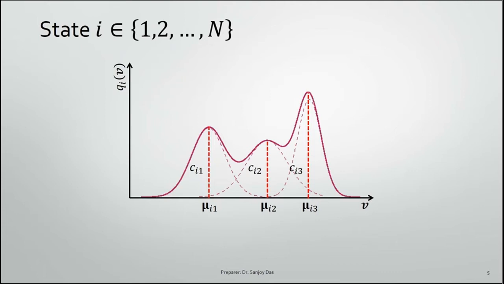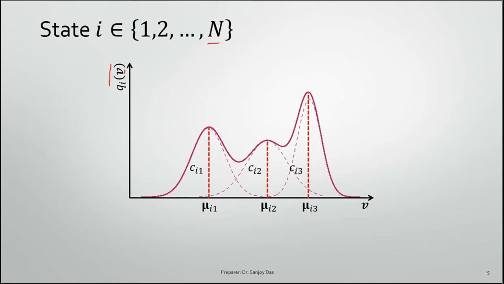So here is the GMM for each state I, where I is between 1 and N. N is the total number of states. And Q_i(V) is the emission probability distribution function, PDF, of the output vector V, and that's modeled as a summation of Gaussians.